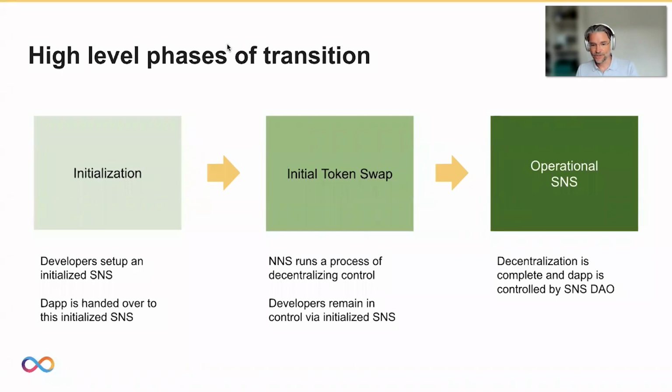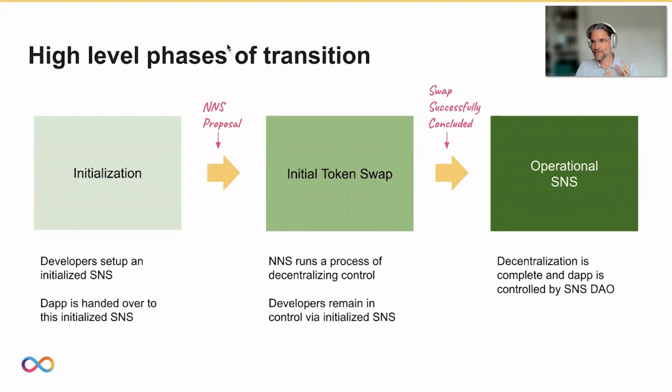In the second stage, the NNS is responsible for running a process of decentralizing the control. During this process, developers remain in control of this initialized SNS. And then lastly, a full operational SNS is created, so the genesis of the SNS DAO.